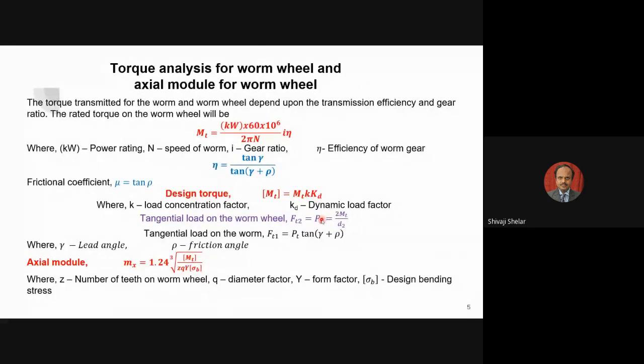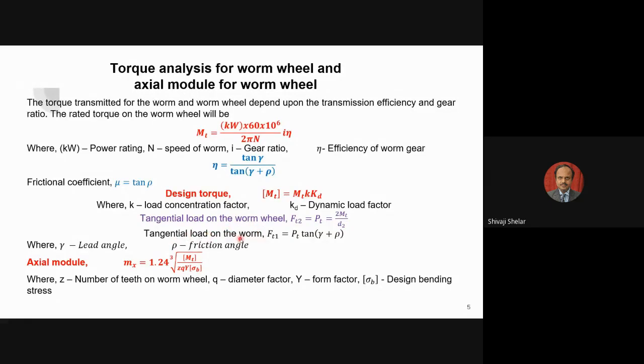Till the previous designs we have seen the tangential load is the same for pinion as well as gear. But in the case of worm and worm wheel, the tangential loads have different directions, so this value will be different for the worm wheel.